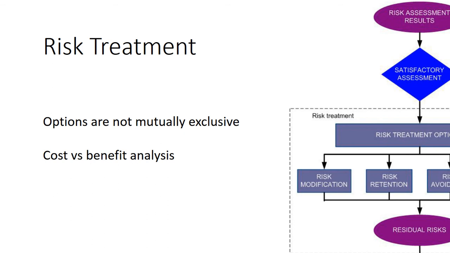But it's important that you always consider the cost versus benefit analysis while applying the risk treatment option. When a large reduction in risk may be obtained with relatively low expenditure, such options should be implemented.